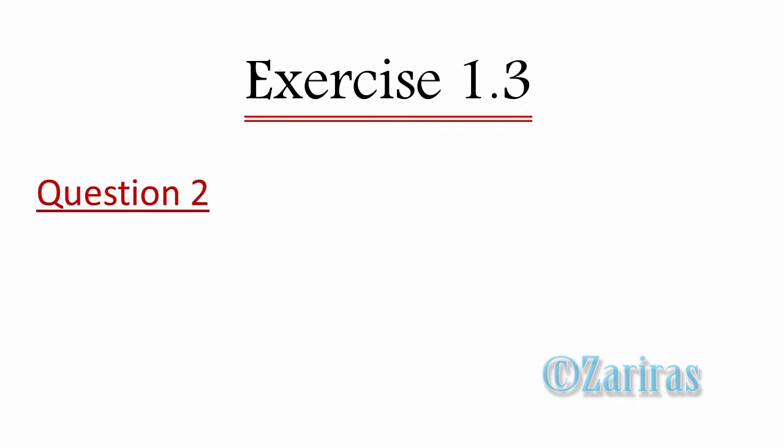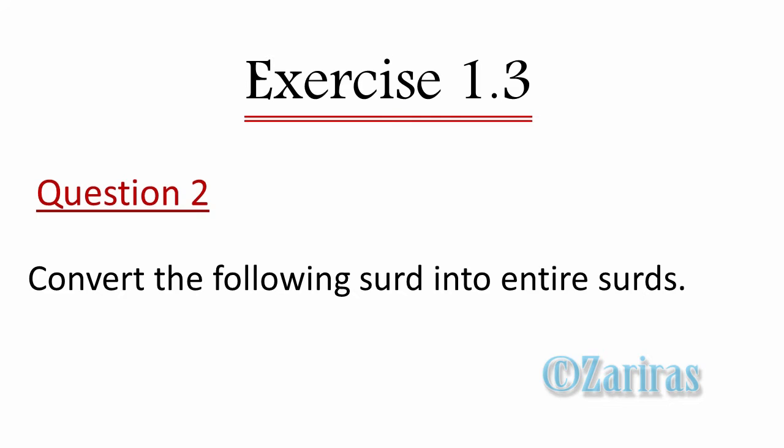Exercise 1.3. Second question is convert the following into entire surds. So now we have to convert into entire surds, the opposite of what we did in the first question. It's very easy because now we know. To convert 2 into a square number we have to multiply it by the same number. 2 into 2 is 4.